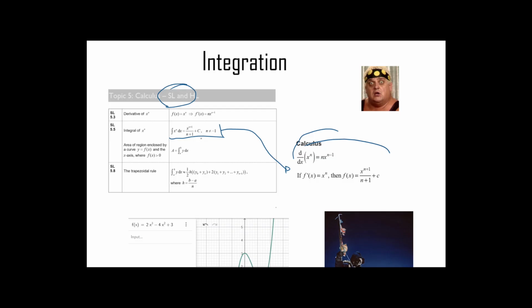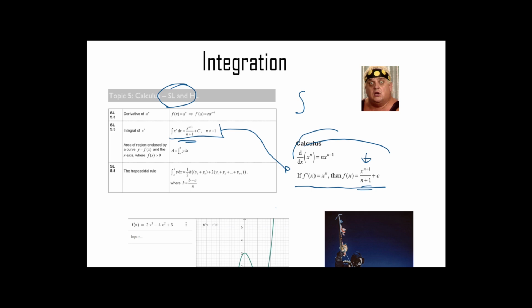The terminology is a bit different. The IB uses this integration symbol. You can kind of use it, but these are equivalent statements. So what it says is that if we have a function and we integrate it, we do this to it, we do that to it. If you have a look, these are the same formulae.